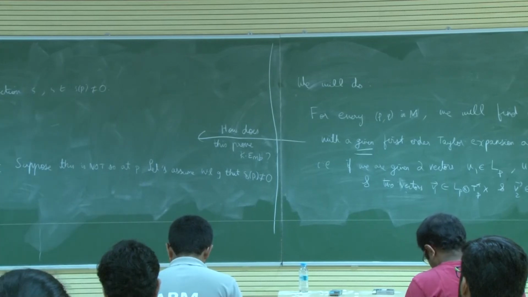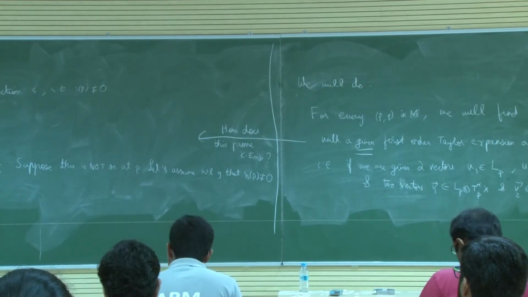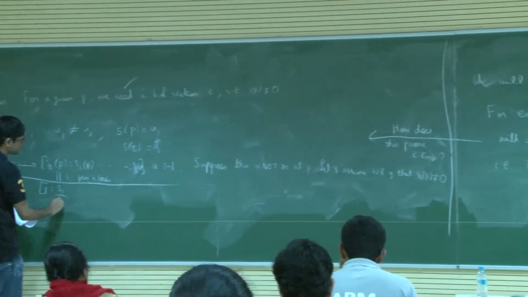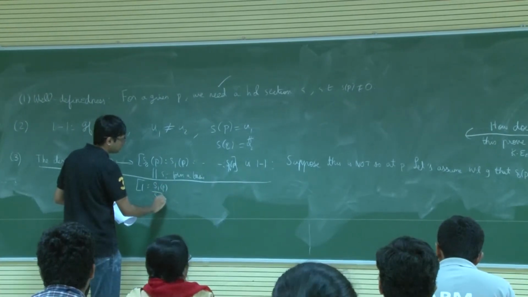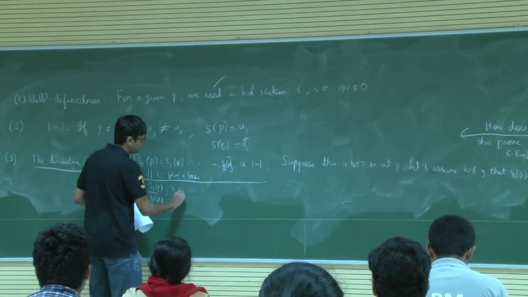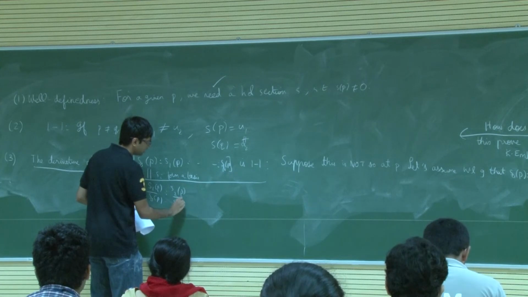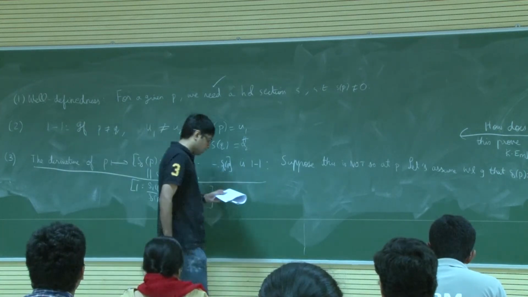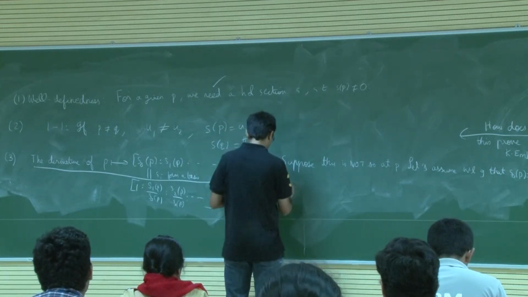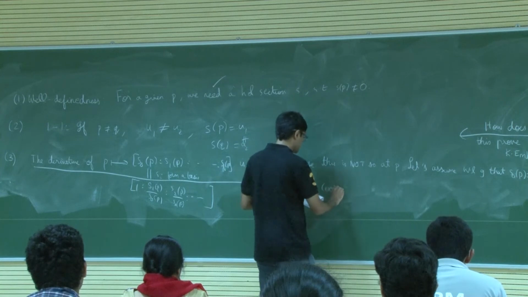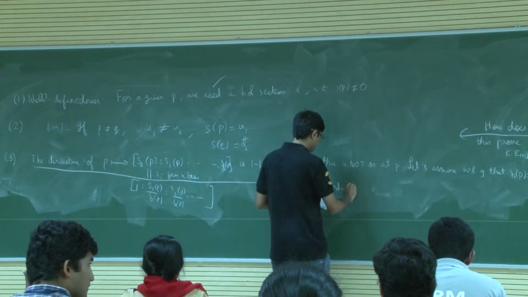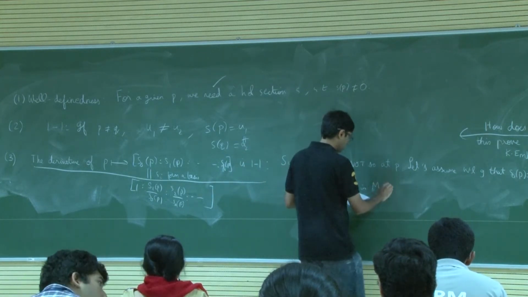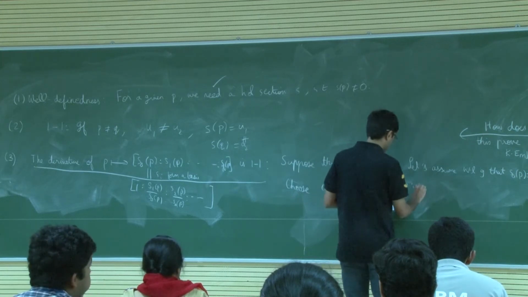Okay? So since we are in CPN, this is S naught, S2, and so on, right? Choose coordinates in M so that P is at the origin.